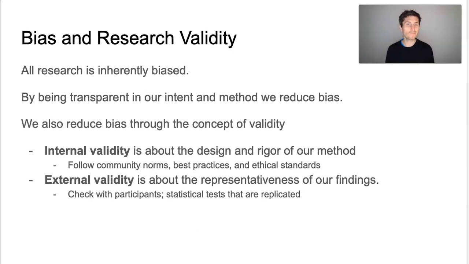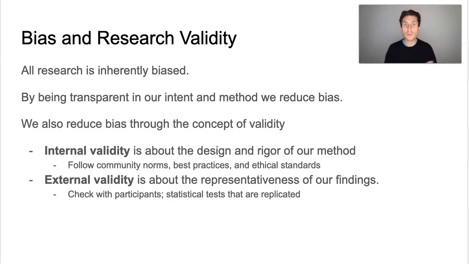And so we recognize that all research is going to be inherently biased. By being transparent, that is being clear and documenting the way in which we're going to design a study and answer a set of research questions, we can remove some of the doubt or some of the skepticism of someone who may be reading our research.